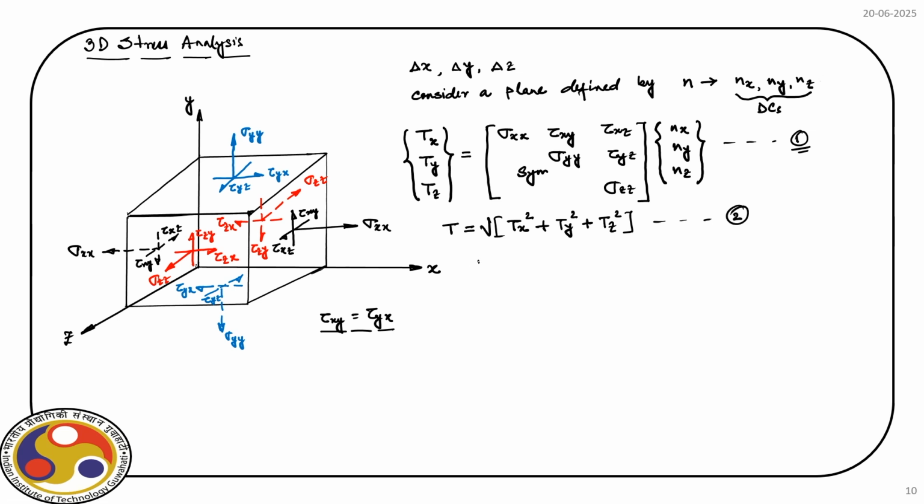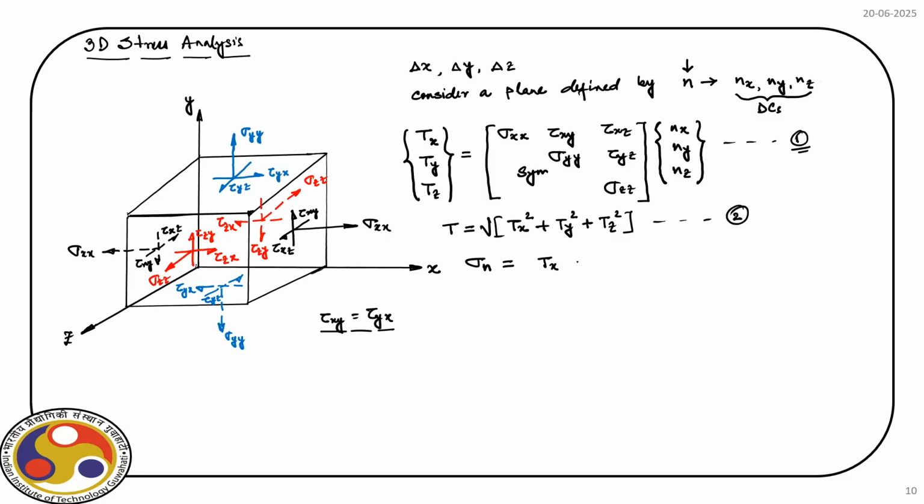Then we also obtained sigma n. That is the normal stress acting on the plane defined by this direction cosine, that is the outward normal, and for that sigma n we have obtained Tx, Ty, Tz times nx, ny, nz. That is the expression for sigma n.